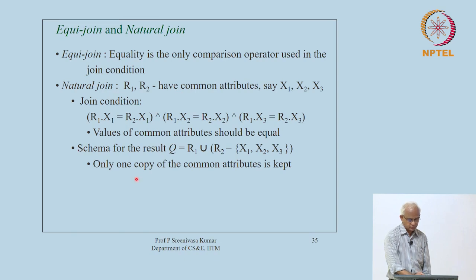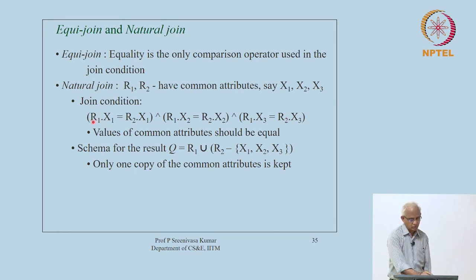This natural join has its own small operator, the star or asterisk operator, where we assume that whatever the common attributes between the two schemas are will simply be equated. That is the join condition.